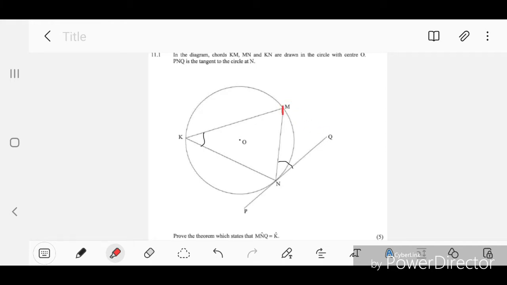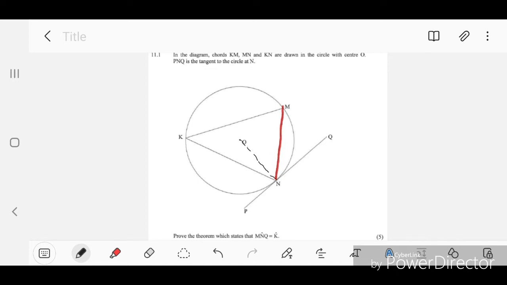This is the chord, because it's an angle between this chord and this tangent, right? So you must highlight the chord first, and then the second thing that you need to do is draw a butterfly theorem inside, such that this chord will subtend the angle.